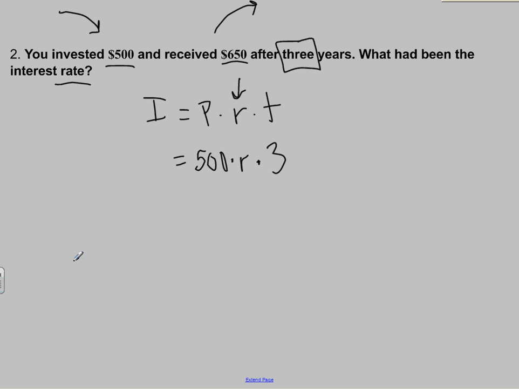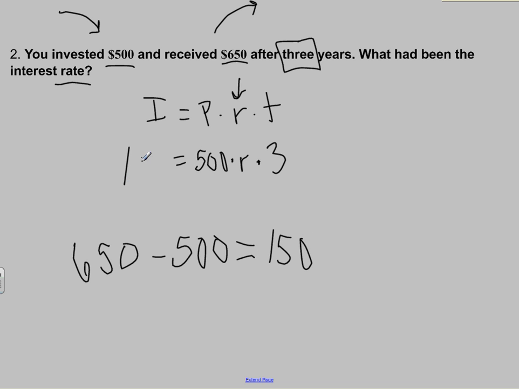You get a total of $650 after 3 years, but that includes your $500 that you put in. So our interest in this case is actually 650 minus the 500 we originally put in, which gives us $150. So our interest here is 150, not 650.